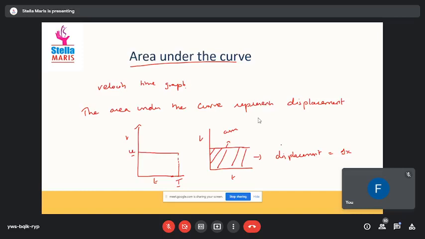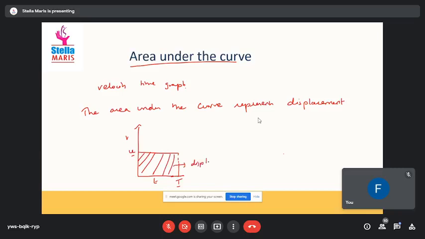For example, here it is moving with velocity u till time t. So this area gives displacement. How to find this out? This represents a rectangle, right?